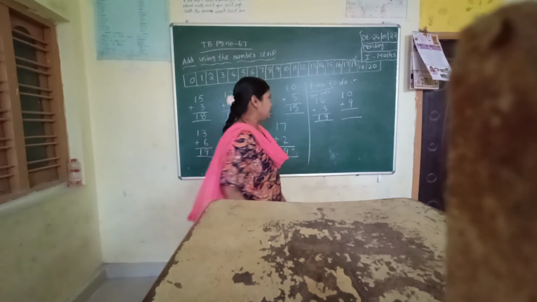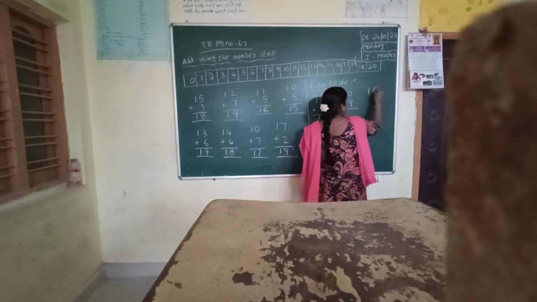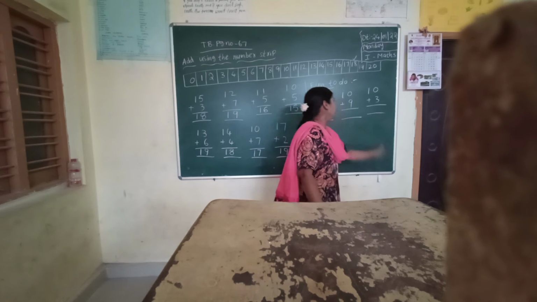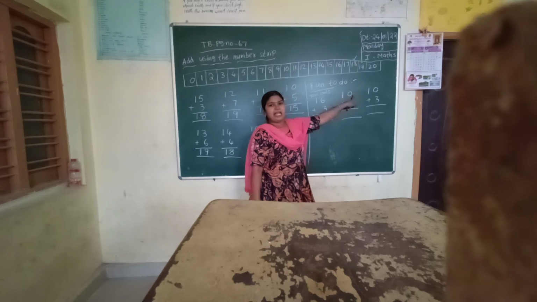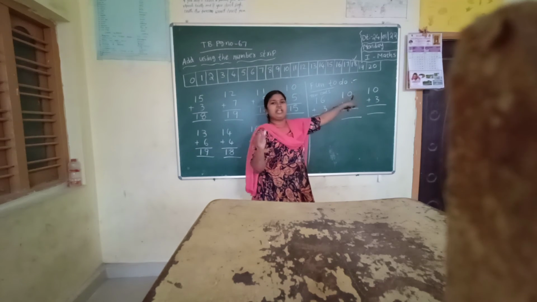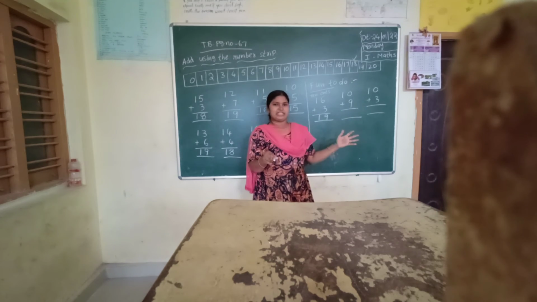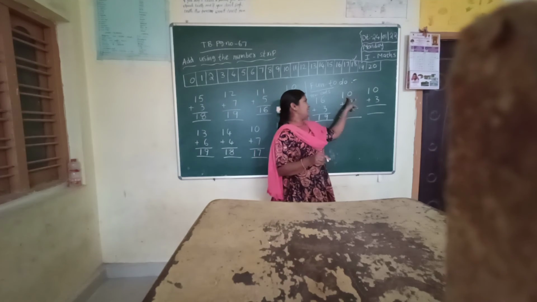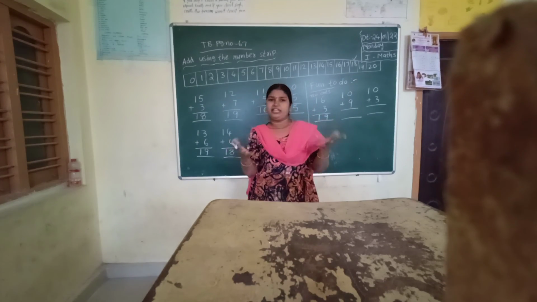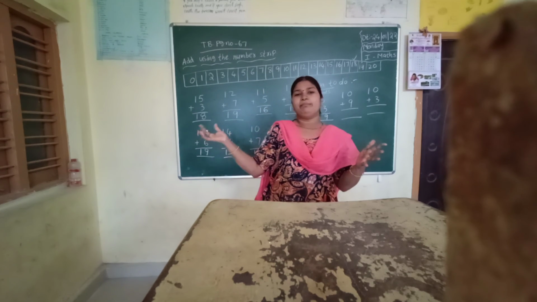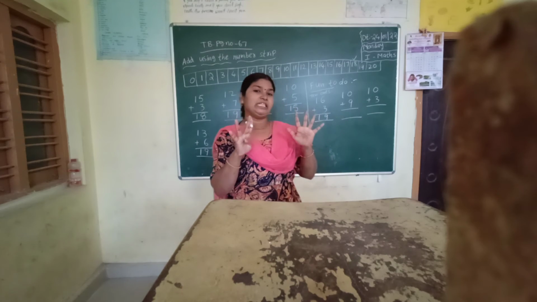Okay. Next, 10 plus 3 they have given. Here see. In the ones place we have 0 first. When we add 0 to any number, we get the number itself. See, for example, I don't have any chocolates. 0 means I don't have any chocolates. My friend gave me 9 chocolates.